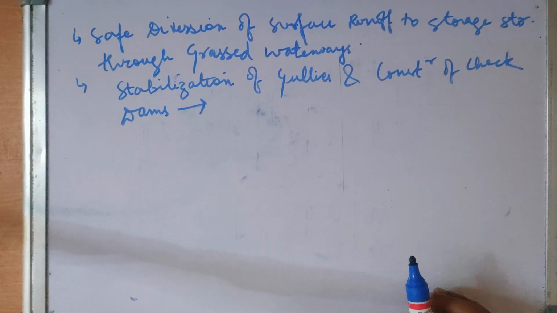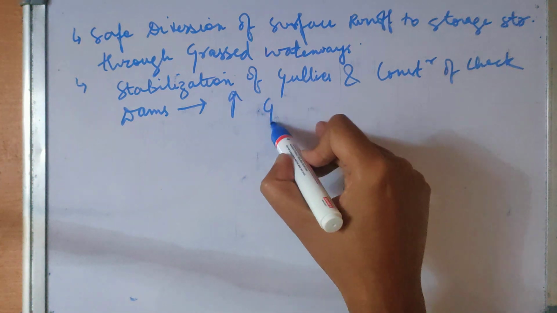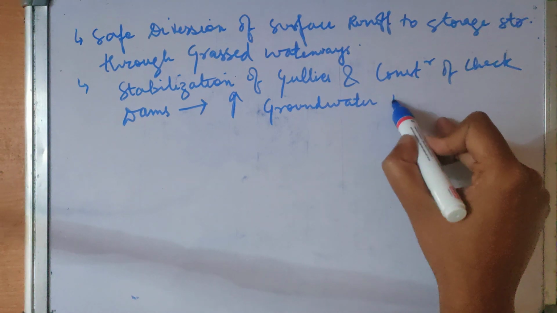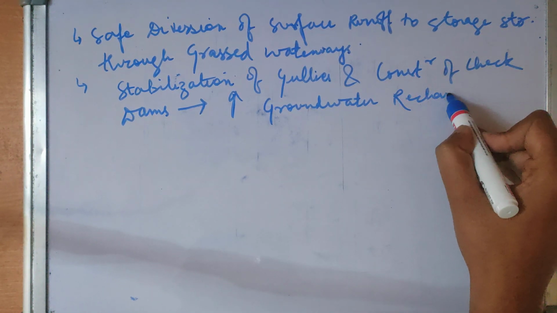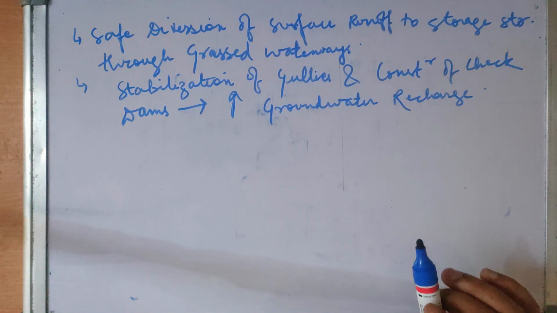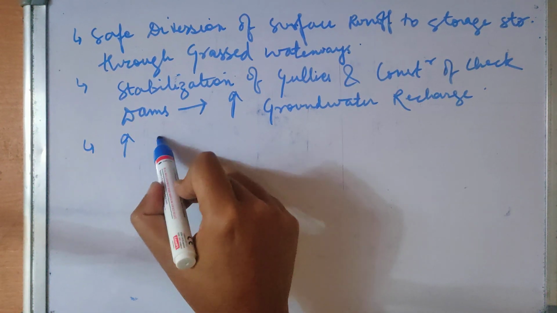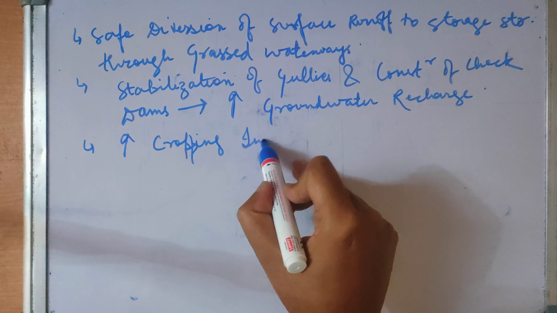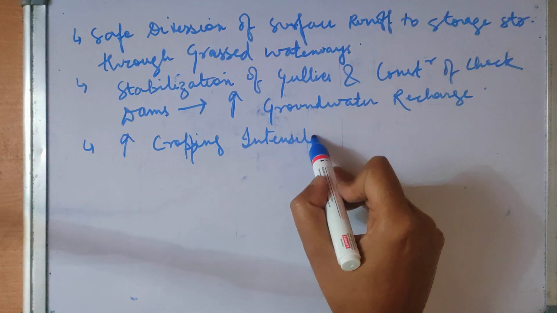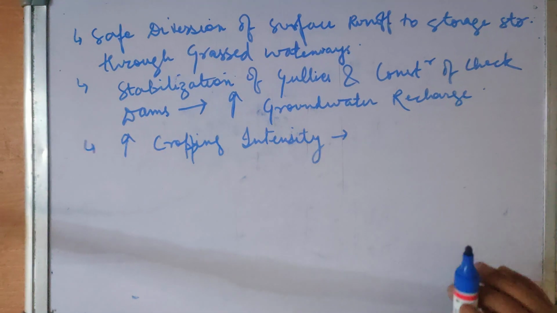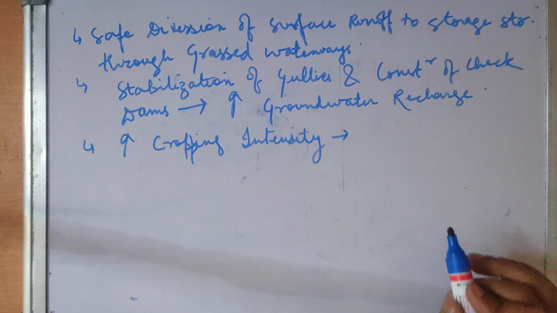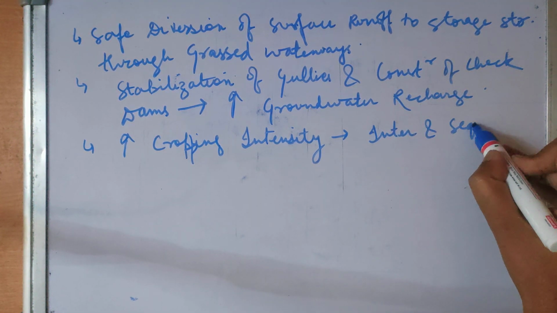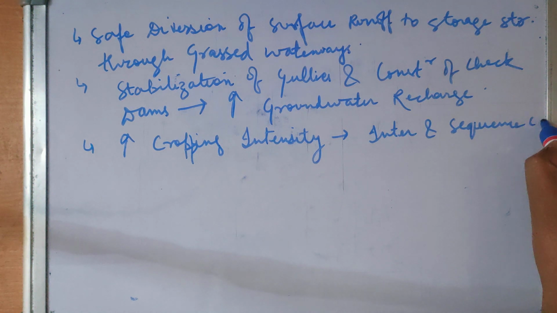To increase groundwater recharge. Increasing cropping intensity. How will we increase? Through intercropping and sequence cropping.